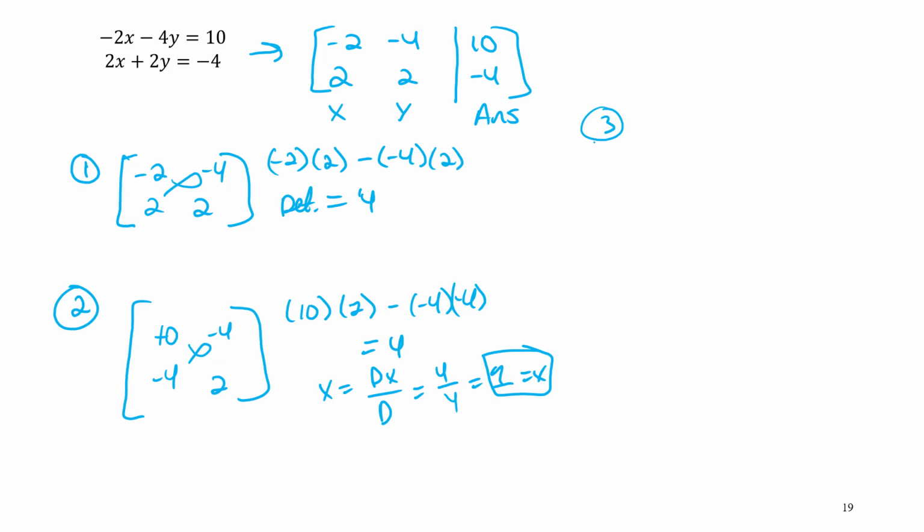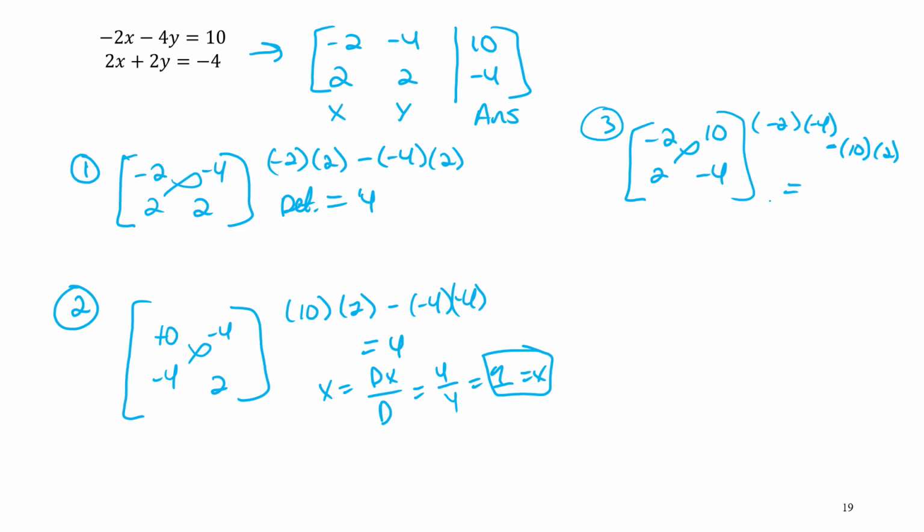So then to find y, we will keep the x column and replace y with the answer column. So we have the -2 and 2, and our answer column, 10 and -4. Doing our fish, we get -2 times -4 minus 10 times 2.